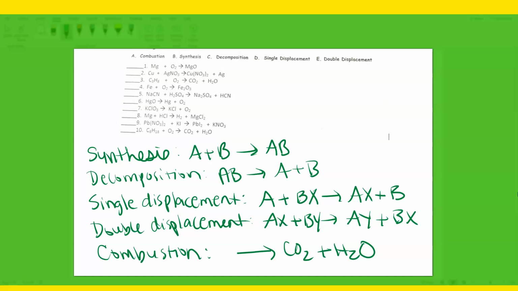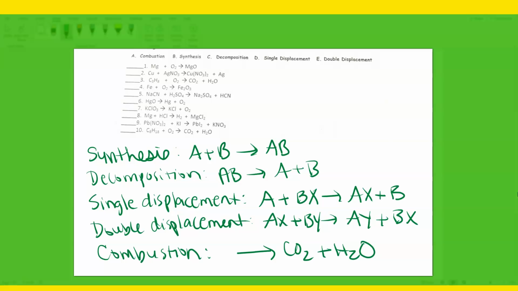If we look at the first example, magnesium plus oxygen forms magnesium oxide. Well, if you zoom on down here and look for the pattern, it will help you decide what type of reaction you have. So take a look. Is it synthesis, decomposition, single displacement, double displacement, or combustion?